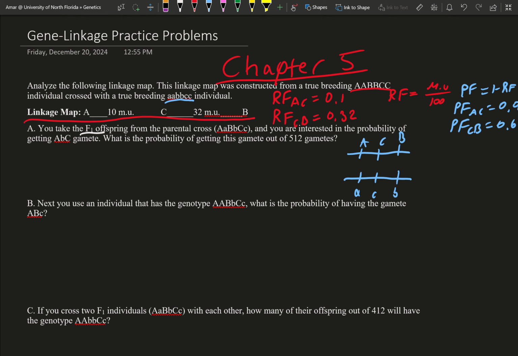You are not allowed to write it down as A, B, and C, because the linkage map clearly tells us that A is closer to C in terms of recombination frequency, okay? So hopefully that made sense so far.